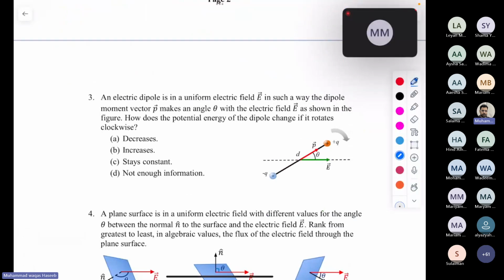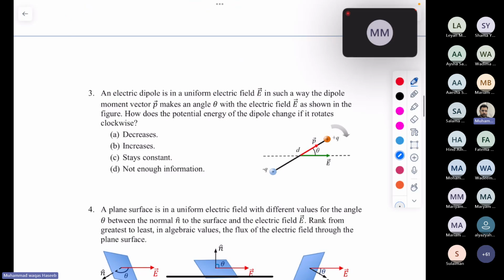An electric dipole is in a uniform electric field in such a way that the dipole moment P is at an angle theta to the electric field as shown in the figure. How does the potential energy of the dipole change if it rotates clockwise?